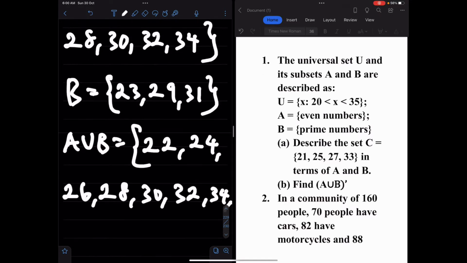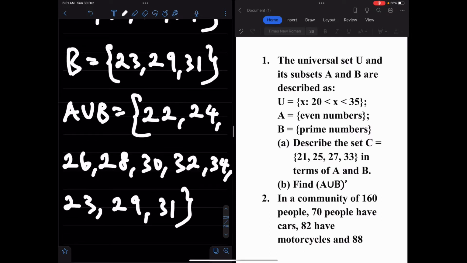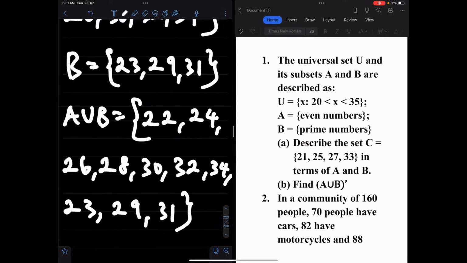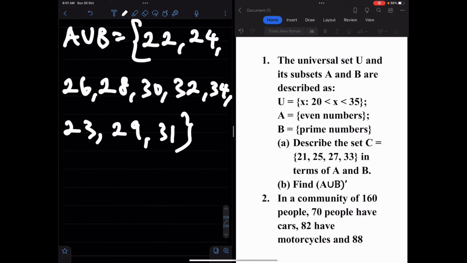And now you write the elements of B that are not already in A. Those are 23, 29, and 31, all the elements of B, since none of the elements of B is in A. So to combine A and B, just write all the elements of A and all the elements of B. Now, that's A union B.